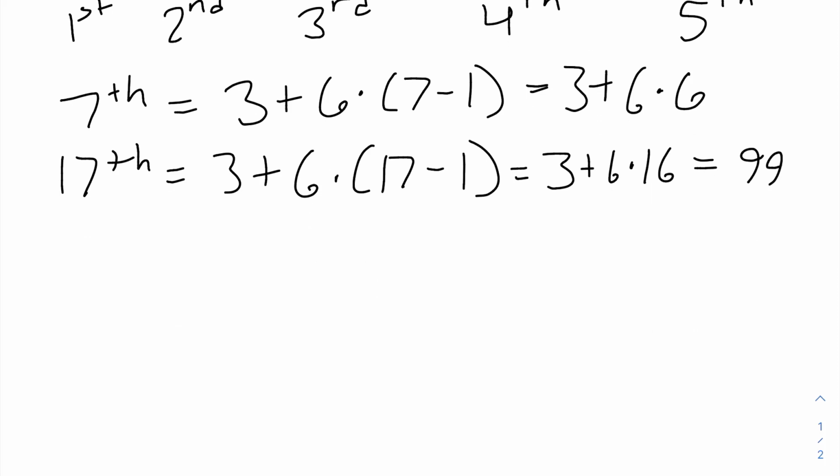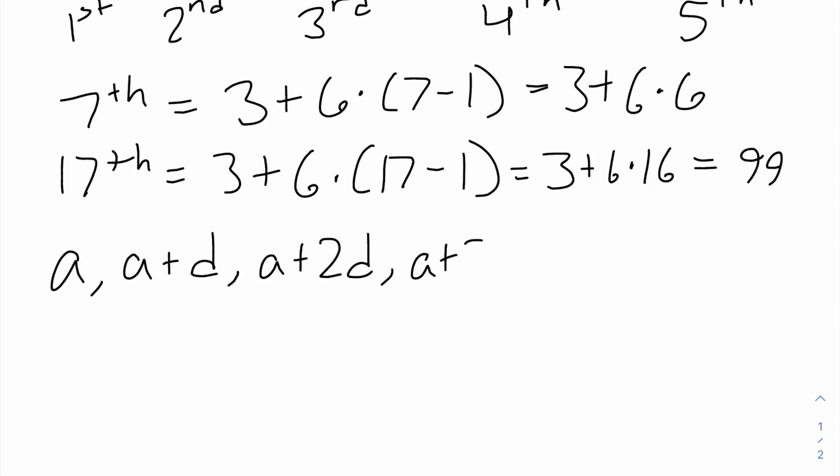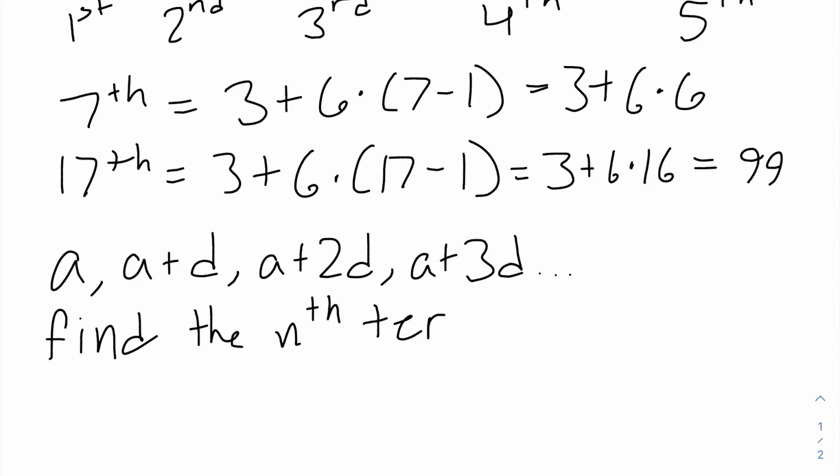We're going to have a sequence A, A plus D, A plus 2D, A plus 3D, and this is going to keep on going. And we want to find the nth term.